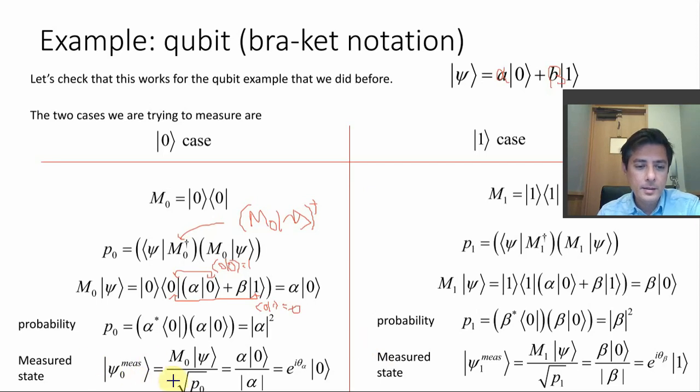The measured state is just this m0 times the state. So that's what we just worked out here. It's the same calculation. It's alpha times the state 0. And then you divide by the square root of the probability. We've already worked out the probability, so just put that in there.